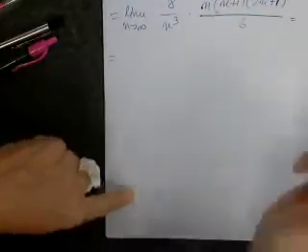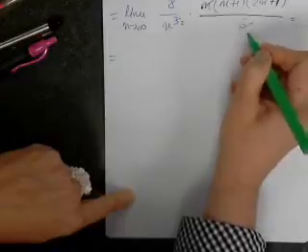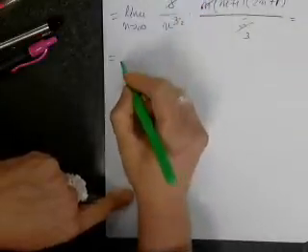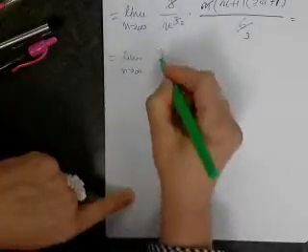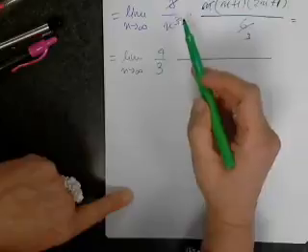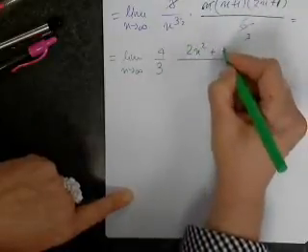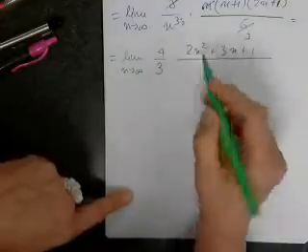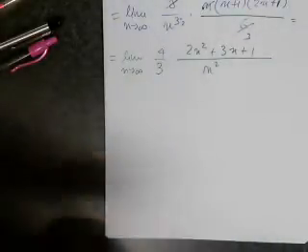Ready? So this with this, the limit as n approaches infinity of 4/3 times n plus 1 times 2n plus 1 over n squared. I multiply these two: 2n squared plus 3n plus 1, and the denominator has n squared because I took out the 4.